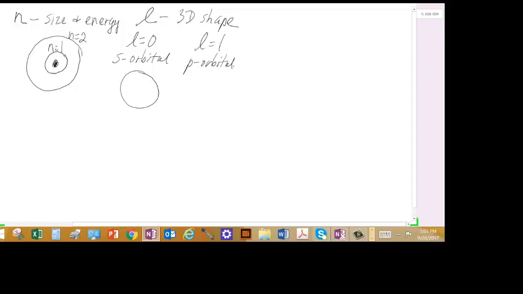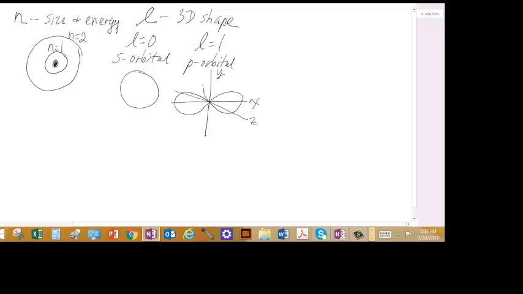So a p orbital has 3 suborbitals or lobes along an x, y, and z axis. One of the lobes falls along the x-axis, and that entire lobe can hold 2 electrons throughout it.